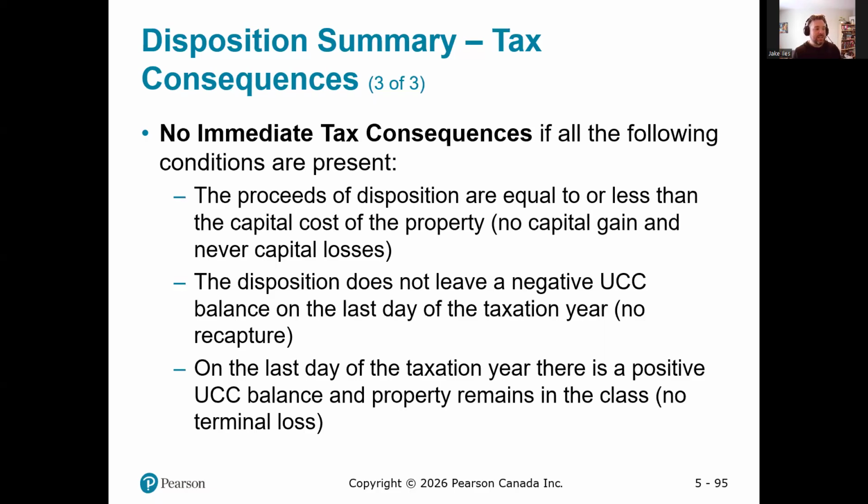If after we do our disposition, there's not a negative UCC, so the UCC is still positive, and we still have assets in the bin, we're not going to worry about recapture. If we have a positive UCC and there's still property, we also don't have terminal loss. So if UCC is still positive, no recapture. If assets still in the bin, no terminal loss.